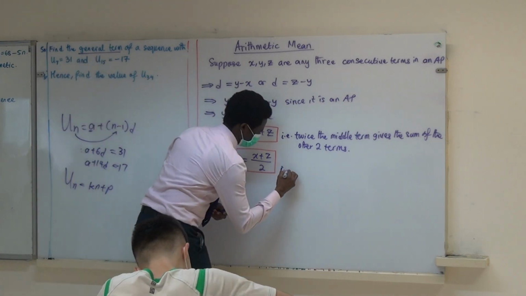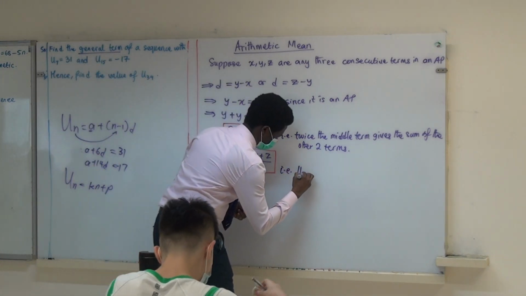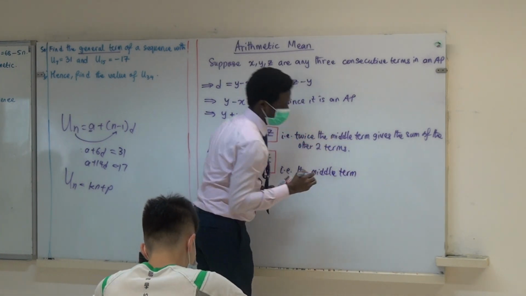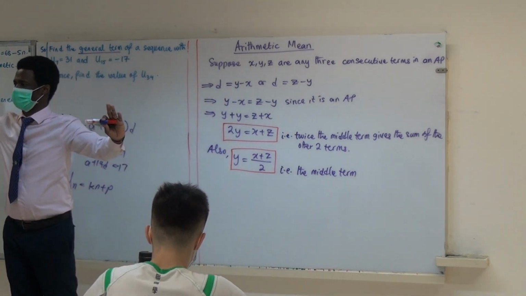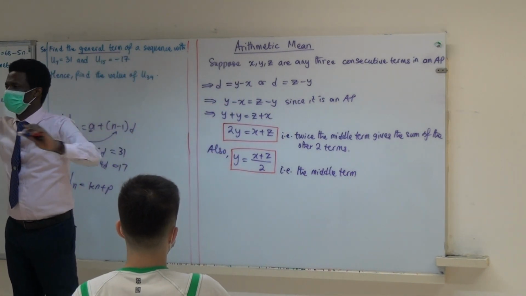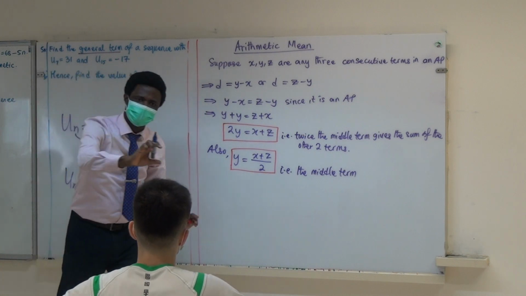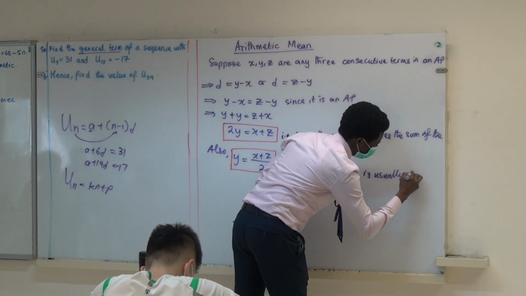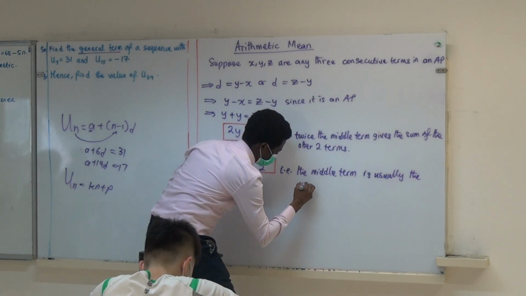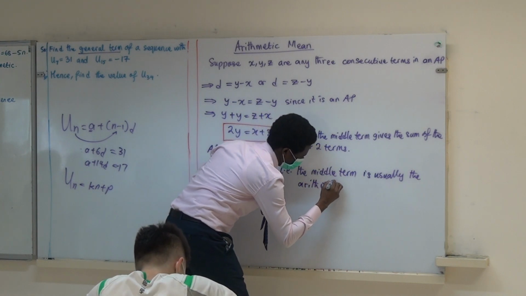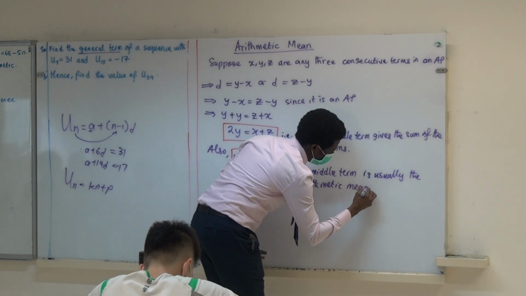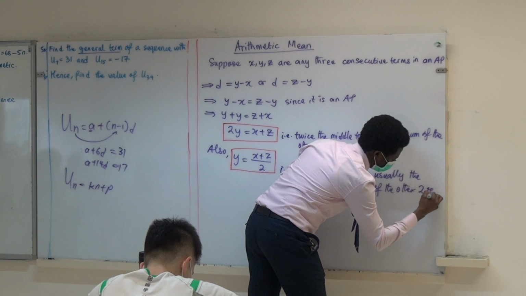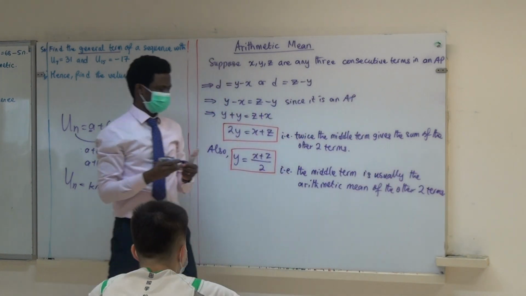This means that the middle term, when we have any three consecutive terms, not just any three, they have to be consecutive. They follow each other. Alright? The middle term is usually the arithmetic mean of the other two terms. So this is the idea.